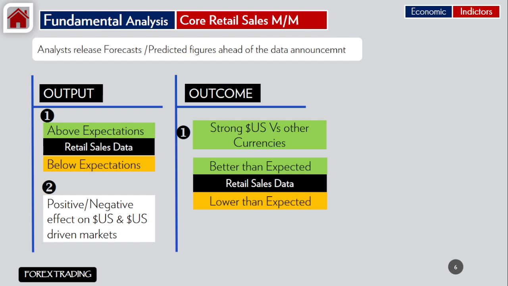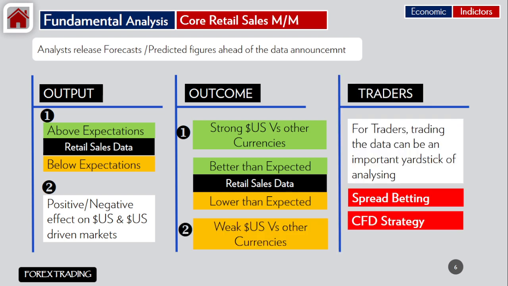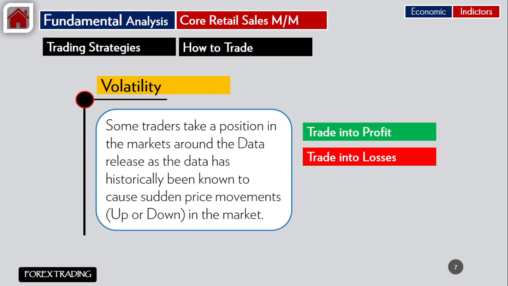And if it is lower than expected, then the negative outcome would be a weak US dollar versus other currencies. Definitely forex traders have to look at this data very closely, so they can develop their spread betting and CFD strategies based on the data figures when they come out about core retail sales.